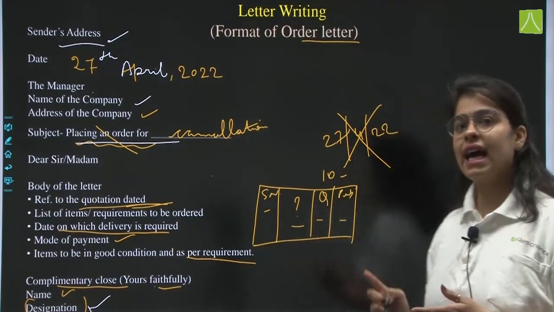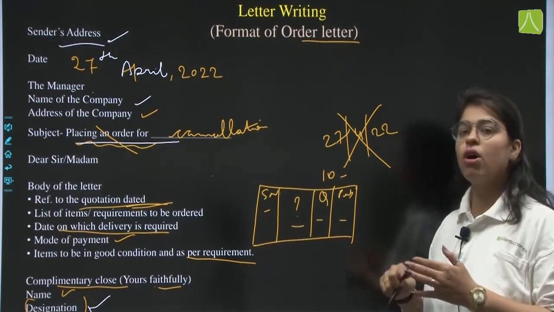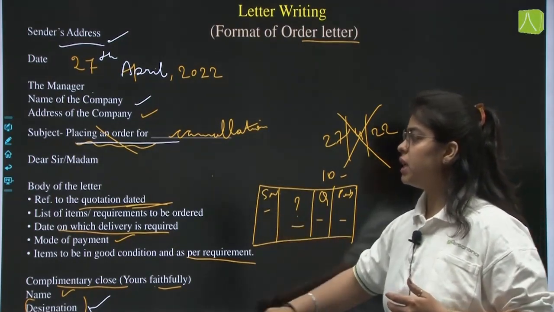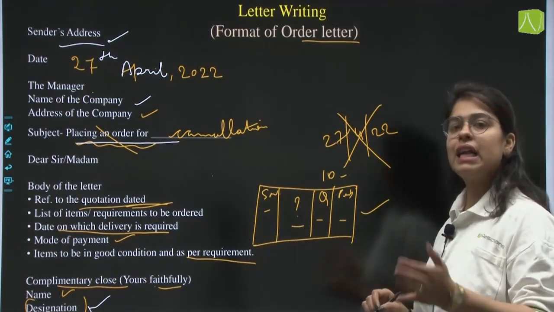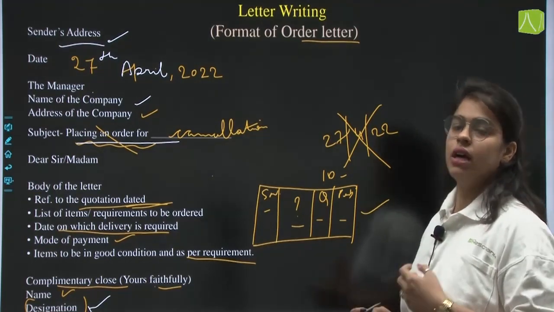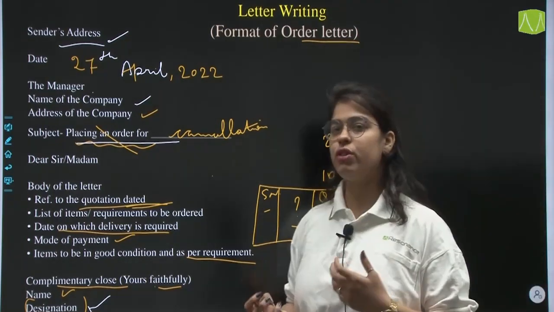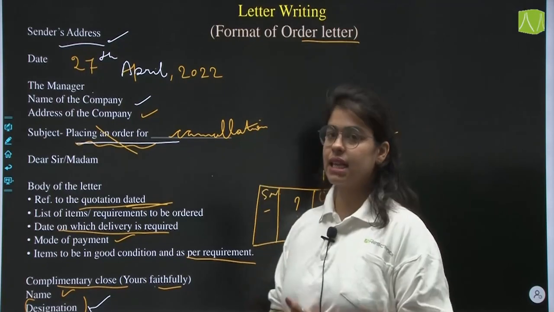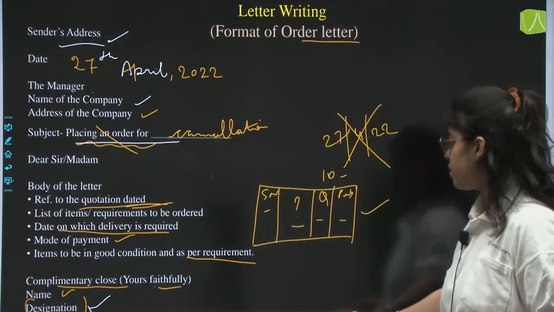Now you will write as per the order bill number or the reference to the order number. Then again the same table you will make, that these things I ordered, but now I want to cancel it because of the late delivery, or you have got some negative reviews about the company, so you are cancelling the order. Okay, the entire format remains the same.